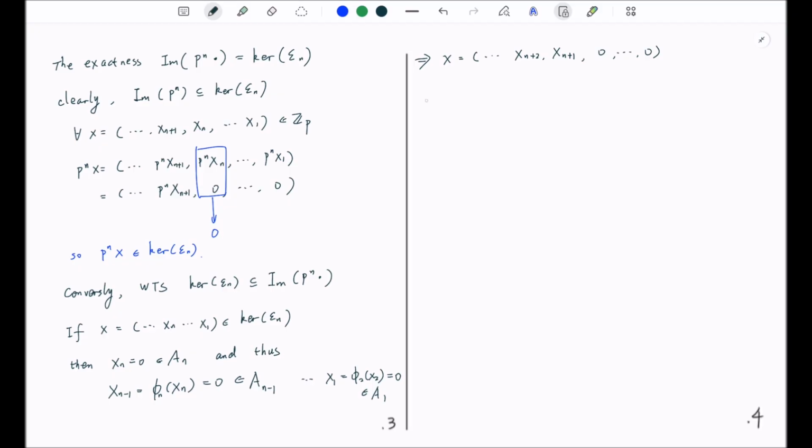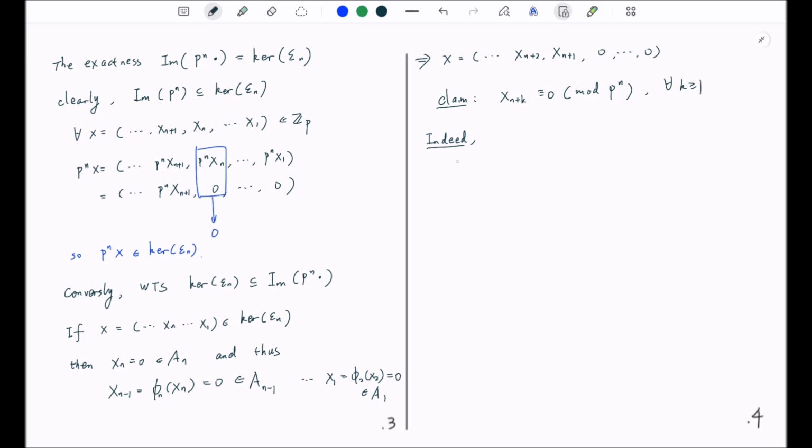And now we claim that x_{n+k} is congruent to 0 modulo p^n for any k bigger or equal to 1. Why is this true? Indeed, this is nothing but the compatibility of this sequence.